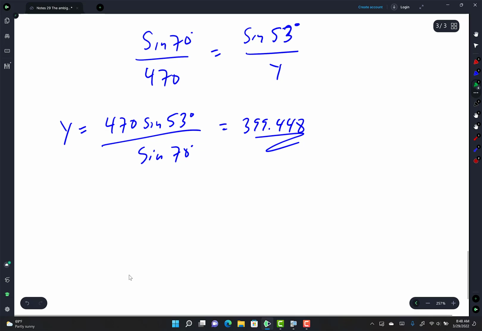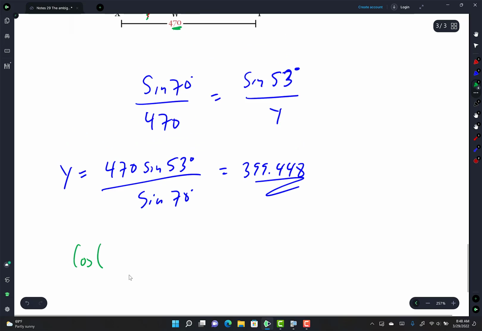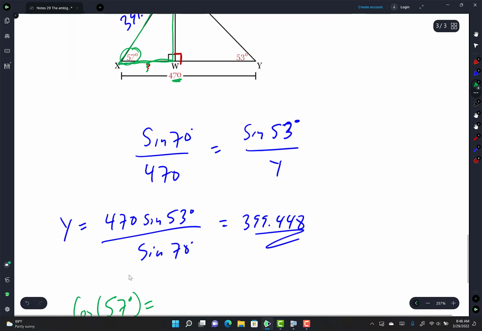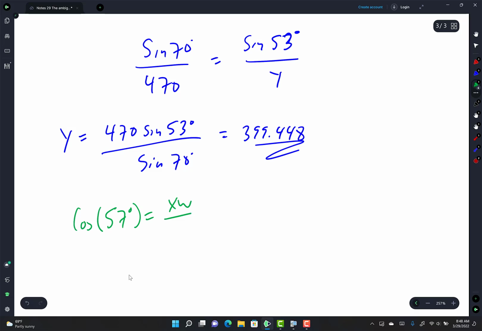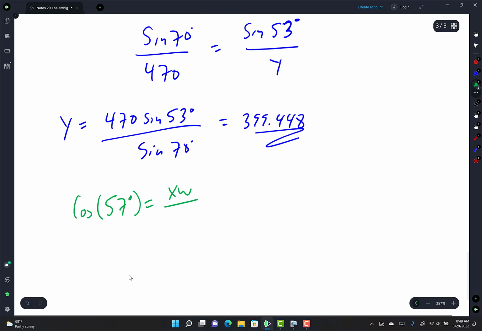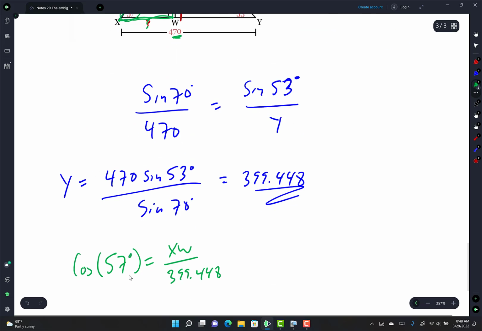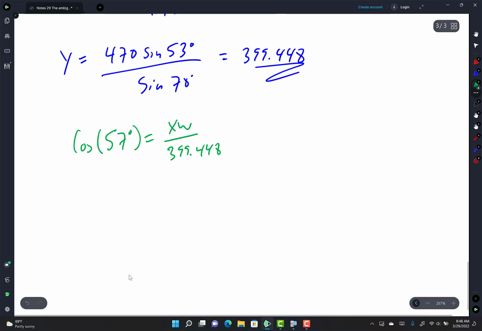So you're just going to go cosine of 57 degrees is equal to adjacent, which is the XW, divided by the hypotenuse, which is the 399.448. So if you want the length XW, usually they put a segment on top to indicate XW.